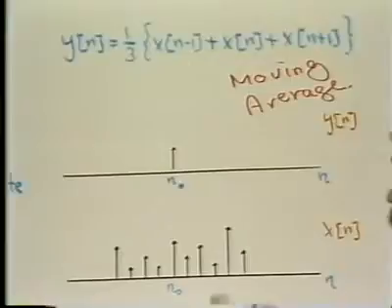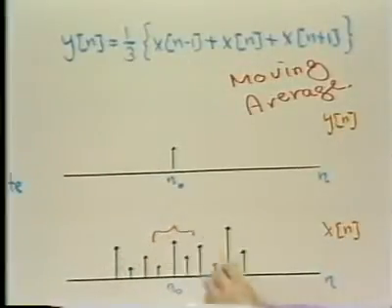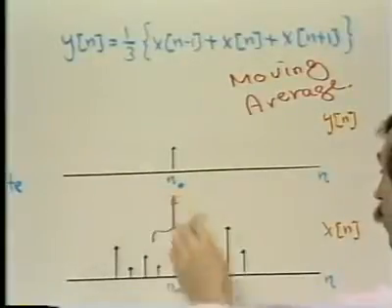To form that moving average, we would take these three values and combine them together, adding them and then dividing by 3.